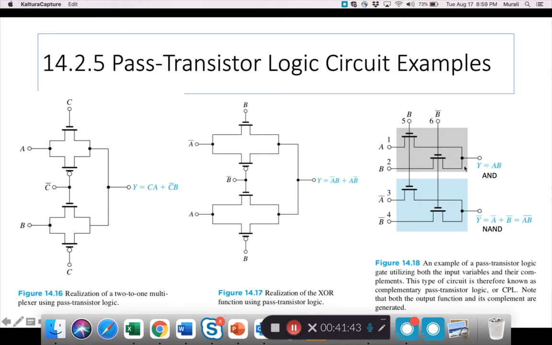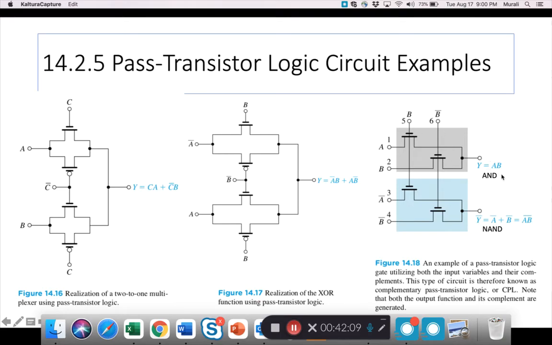Here's another interesting one. This is called complementary pass-through logic. So you have two inputs and you also have the complements of both inputs. So 1, 2, 3, 4. So A bar, B bar are both available. And then you also use them here.